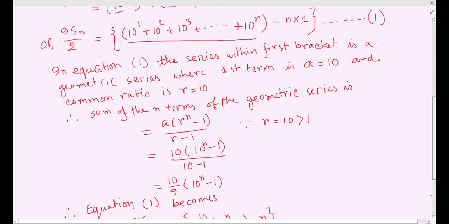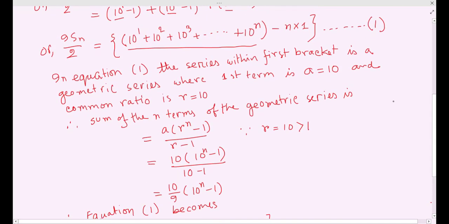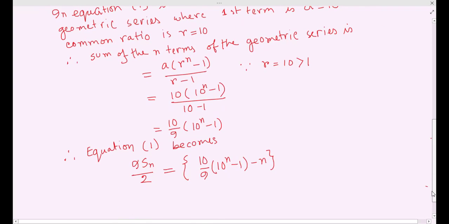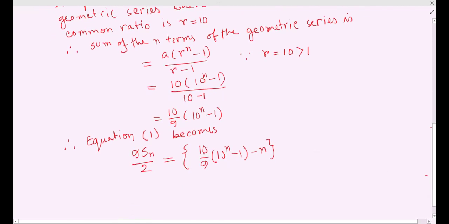So you can see here for this geometric series, 10 plus 10 square plus 10 cube plus up to 10 to the power n, the sum is 10 by 9 into 10 to the power n minus 1, and for n into 1 we will have n.